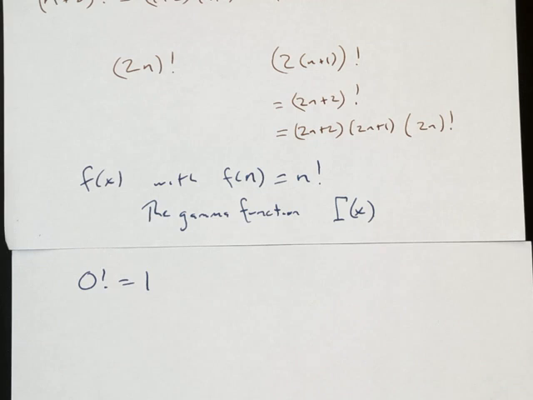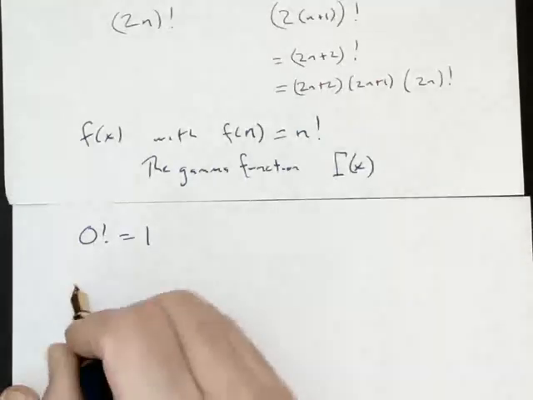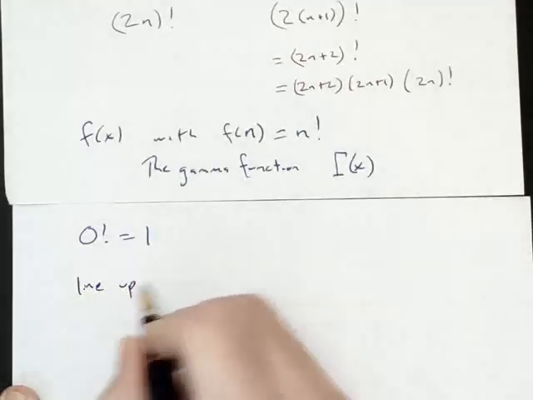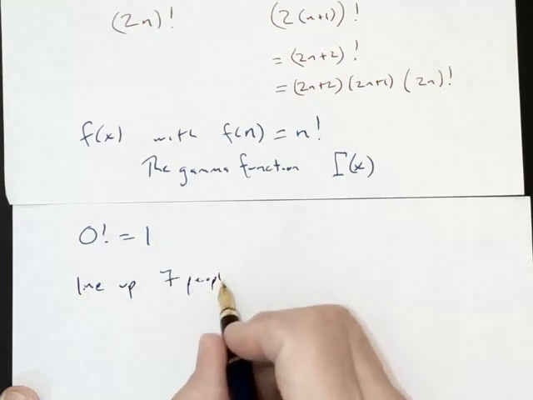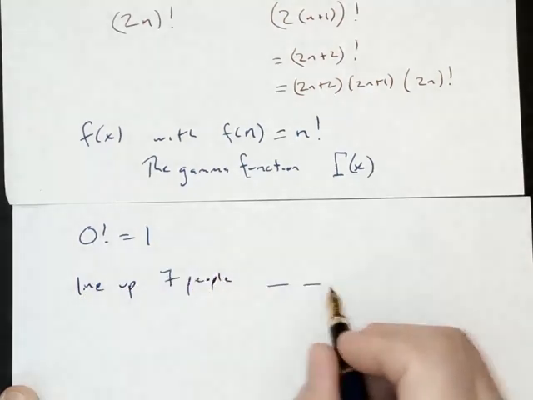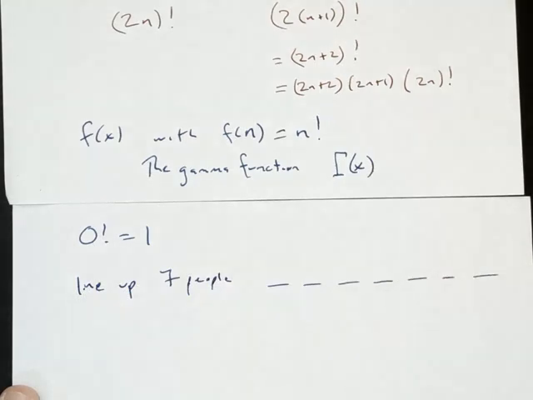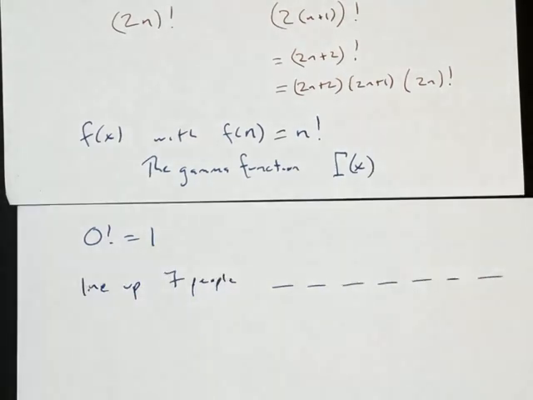Because you can also think of factorials as arrangements. There are 7 of you. I'm going to line you up front here. How many different ways can I do it? Is there only a couple of choices, or are there thousands of choices?